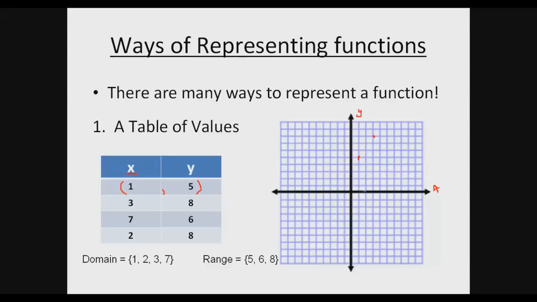Over 7, up 6, and over 2, up 8 is here. There is nowhere on this that I could draw a vertical line and hit 2 of these points. So this represents a function. This, yes, is a function.